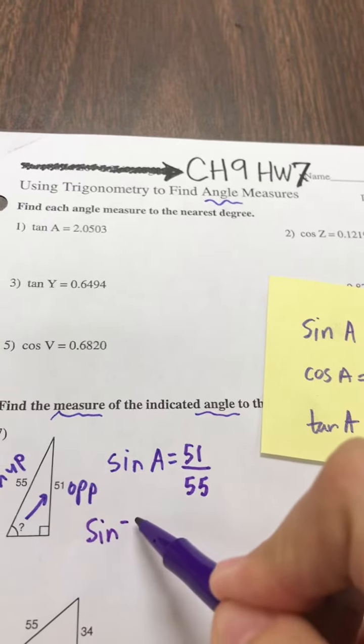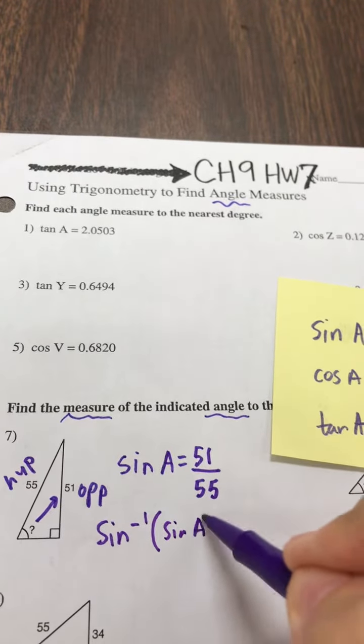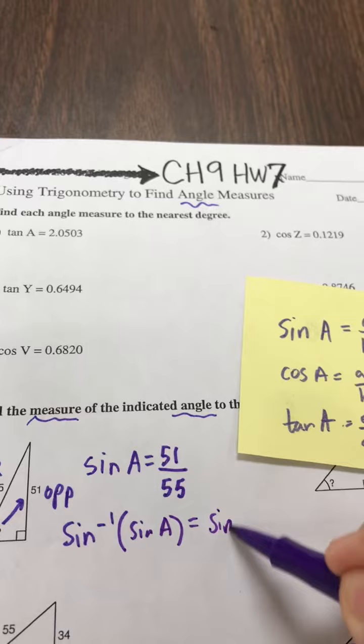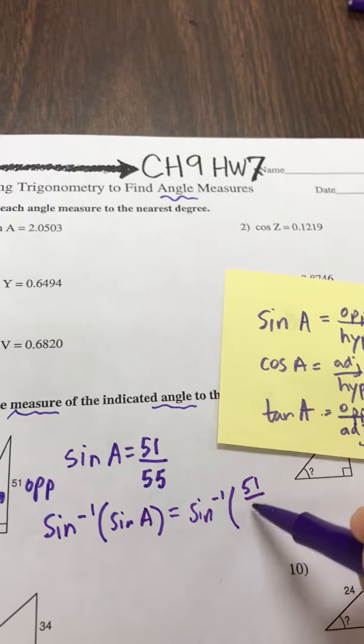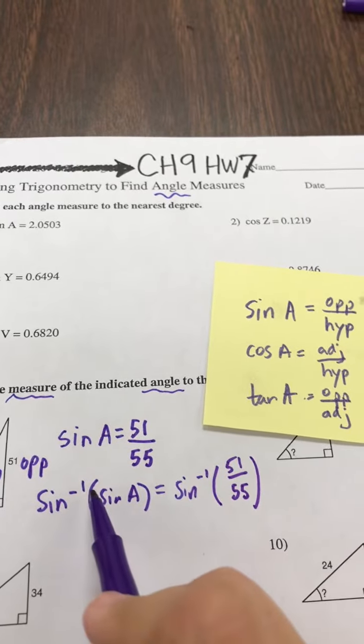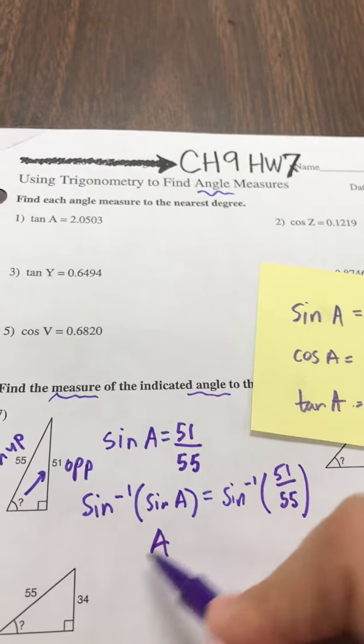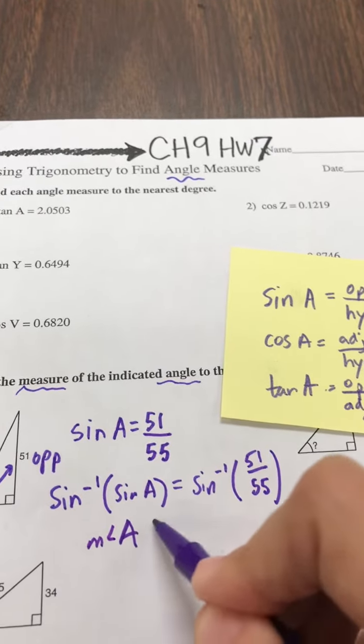Okay, so if I take the inverse sine of both sides, there's a lot to write down here, so don't get too lost in the notation. But if I take the inverse sine of the angle, this side just turns into the angle, or the measure of that angle, okay?